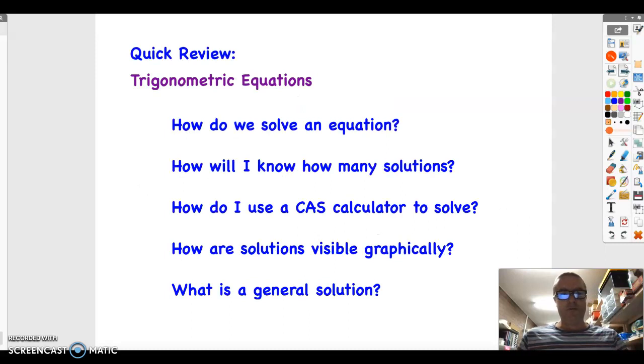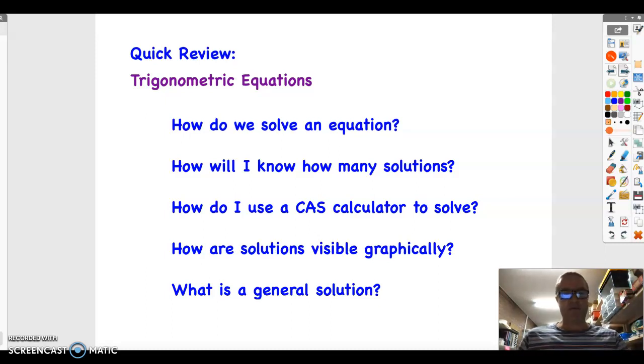So just to review, we've looked at solving one particular equation, and we talked along the way about how we can establish how many solutions we have to that equation. We've used a CAS calculator, knowing how to use an interval when we're solving an equation to get specific solutions.